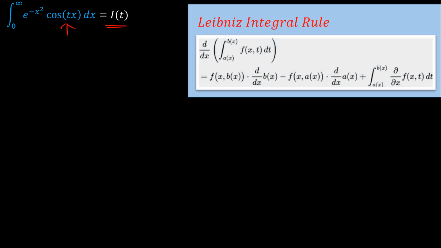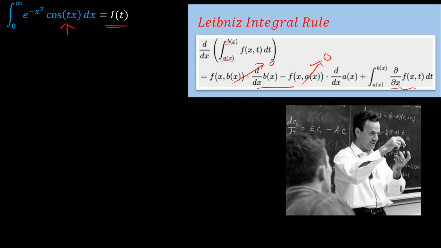Now here we're going to use the Leibniz integral rule, which states that if we differentiate with respect to x an integral from t equals ax to bx of f of x and t, this is what you get. But if these limits are constants, then these portions just go to 0, and you have an integral of the partial derivative of the integrand. That's what we're going to use here.